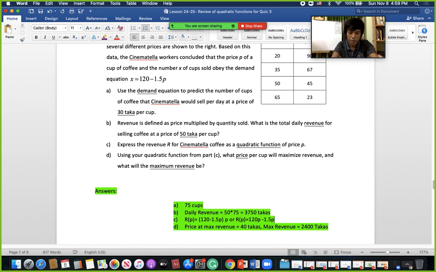If you multiply p into p, that means p squared. In this case it is not necessary to write this line, because this is quadratic. This is also quadratic.